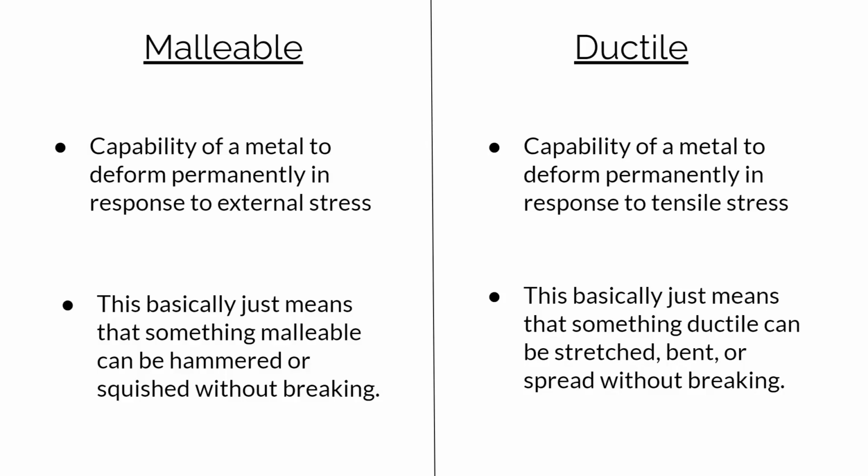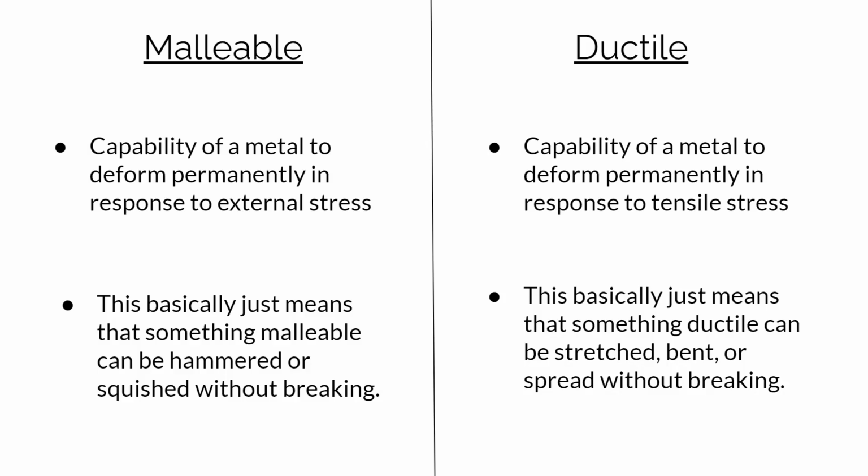Now, ductility is the capability of a metal to deform permanently in response to tensile stress, which essentially just means internal stress in the object itself, which basically just means that something that's ductile can be stretched, bent, or spread without breaking as easily as other metals.